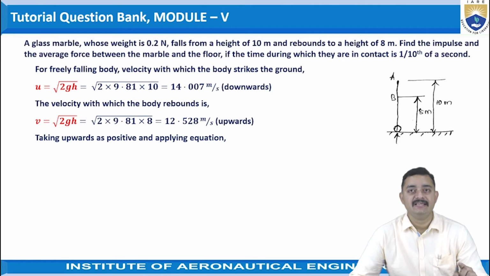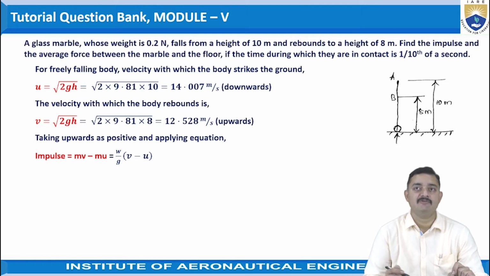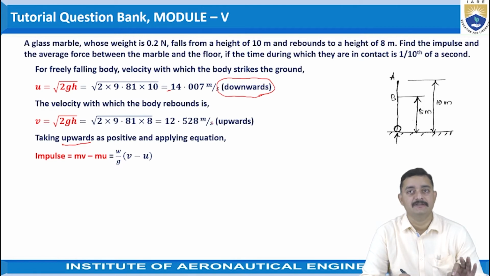Now, taking upwards as positive and applying the equation, impulse is equal to change in momentum, that is mv minus mu. The upward travel we are considering as positive, so whatever is the downward direction, that would be a negative velocity.